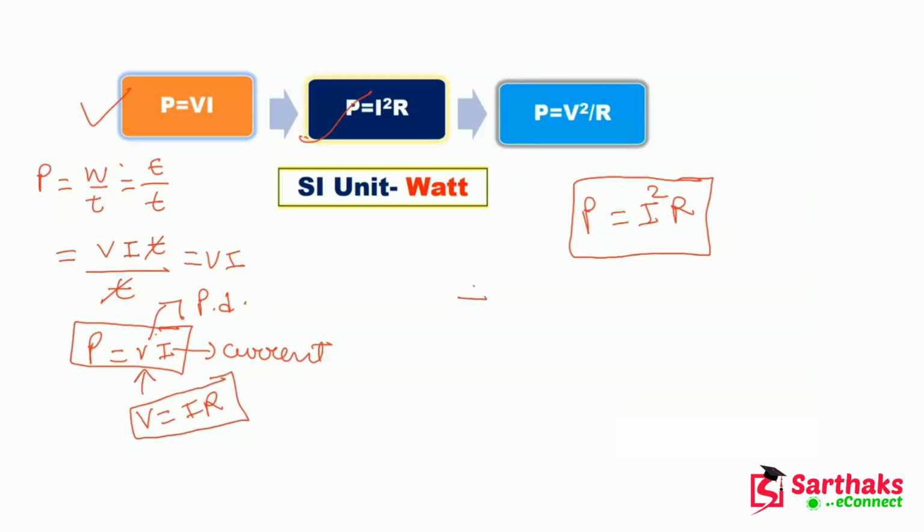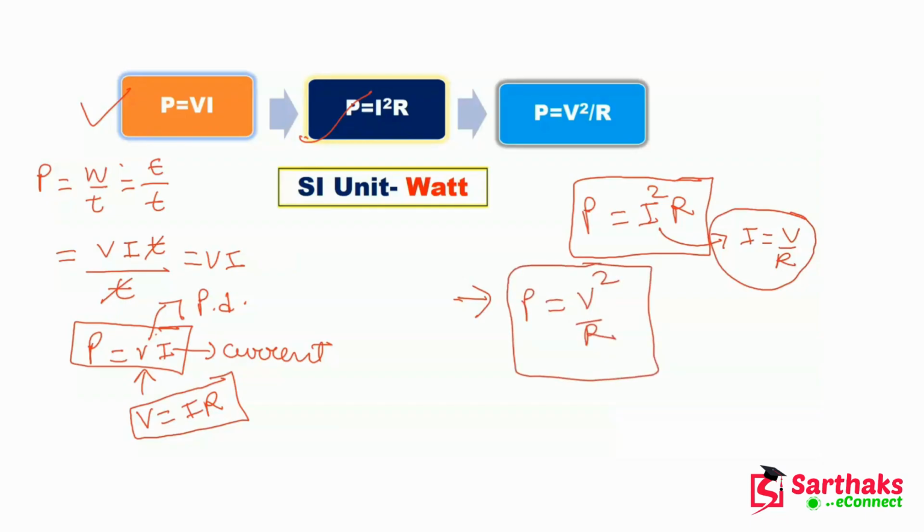Again, I can also replace this I by V upon R, and then it will give me V square by R. So this will be my third formula. I hope you get my point. This is formula number one, number two, and number three, and you can use these formulas according to your convenience.